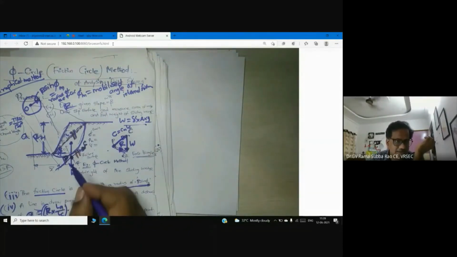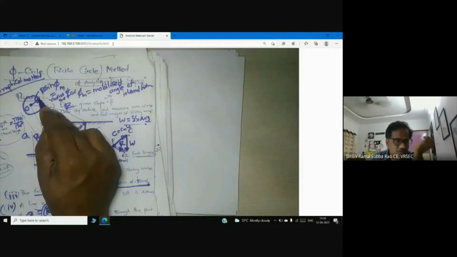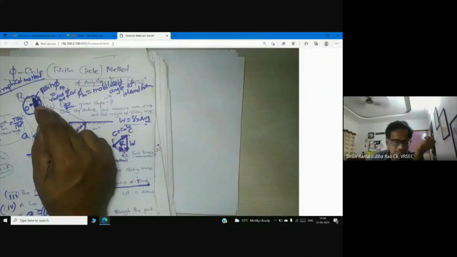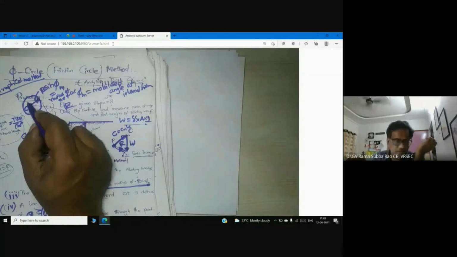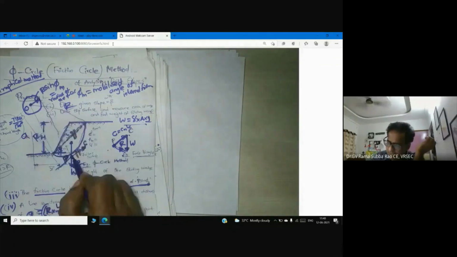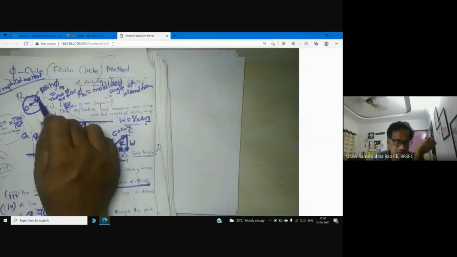So draw a tangent to the friction circle, whose radius is r sin phi m, and it touches the same point P. So now we are getting the reaction.